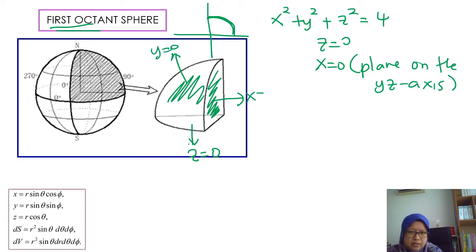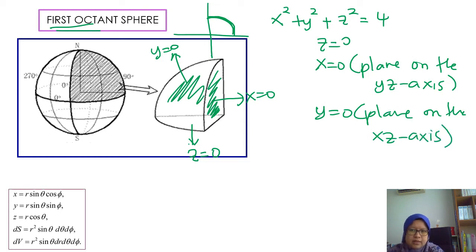This is x equal to 0. So y equal to 0 is the plane on the x-axis. Hopefully you understand. Maybe you can Google, inshallah. More images on the internet will help you increase your understanding. So you should have four planes altogether to form a first octant sphere.